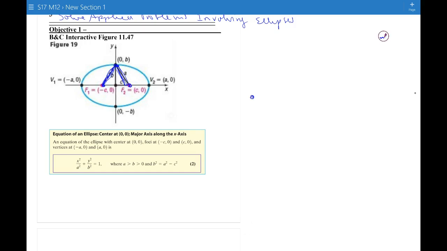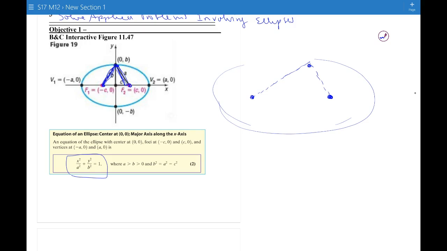So you can actually make an ellipse by putting two fixed points like this and taking a piece of string that's this long, putting a pencil in there and moving the pencil around to its fullest extent, and you will draw an ellipse.